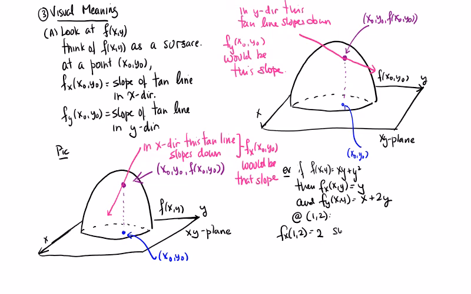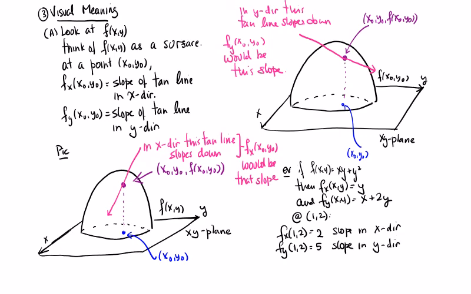This is the slope in the x direction. And we can take f sub y of 1, 2. This is x plus 2y, so this is 1 plus 4, which is 5. This is the slope in the y direction.